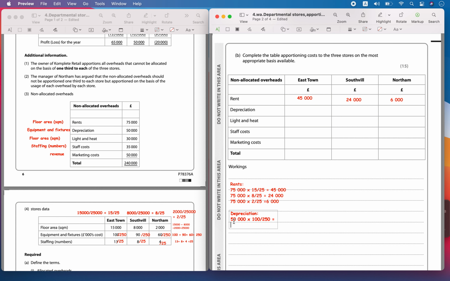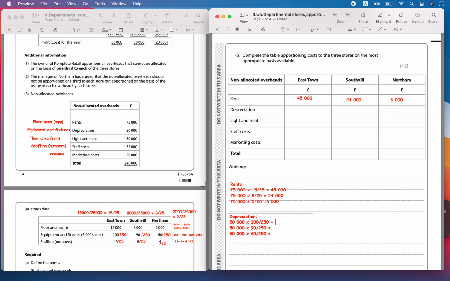Let's write for all three departments. For the second one, Southwell, it is 90 over 250. This 50,000 has to be split, and for the third one, 60 over 250 has to be given. Now let's calculate these values.